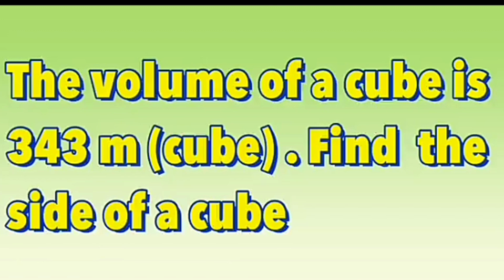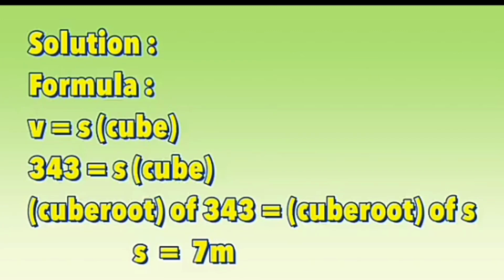Okay, number 3. The volume of a cube is 343 cubic meters. Find the side of the cube. Our solution, we have to use again the same formula of finding the volume of a cube. We have volume equals s to the third power. So to solve, you have to substitute volume to 343 because it is given, and the side is not given.